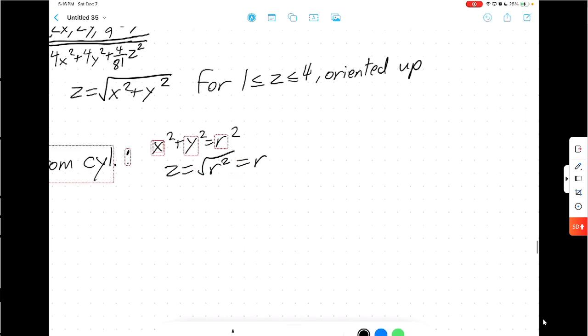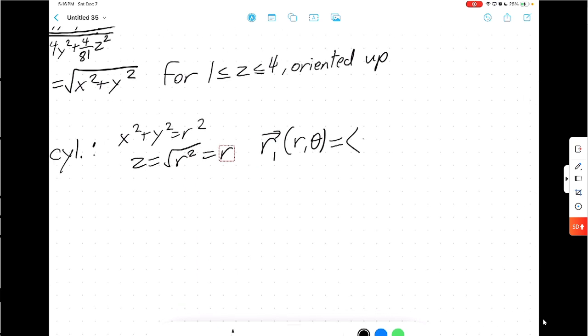So our parameterization can be, I'm just going to use r1. r1 of r, theta is equal to r cosine theta, r sine theta, and r.